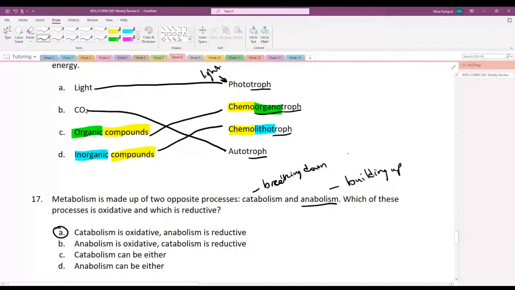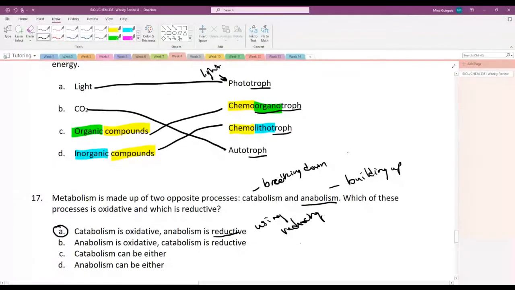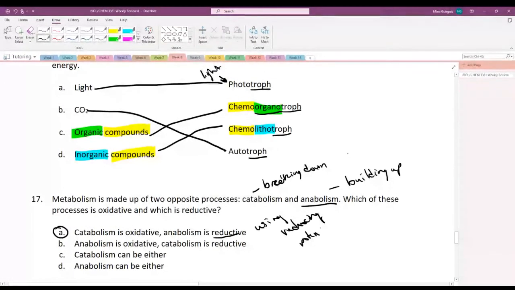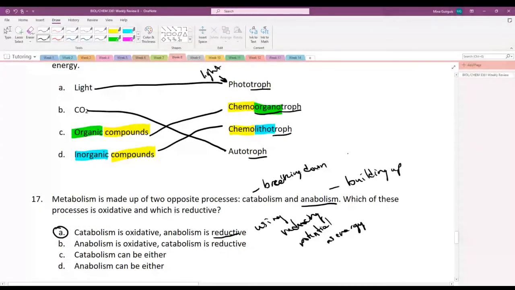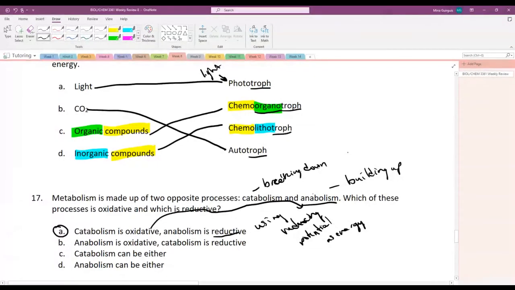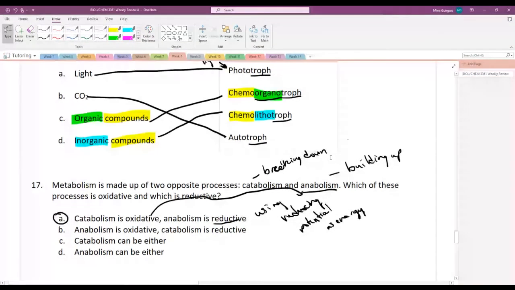So the reason anabolism is reductive is because it's reducing power, reducing potential, as I think of it, potential as energy. Okay. And the reason that catabolism has to be oxidative is to create that reducing potential. Okay? All right.